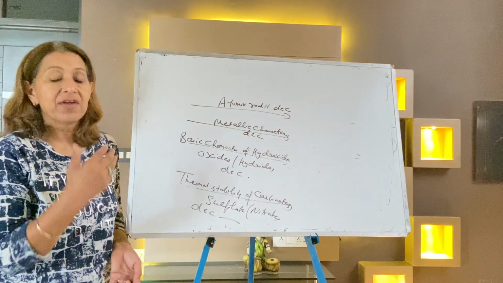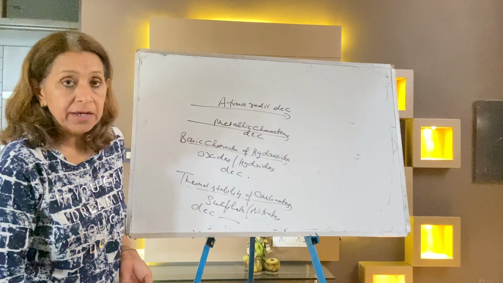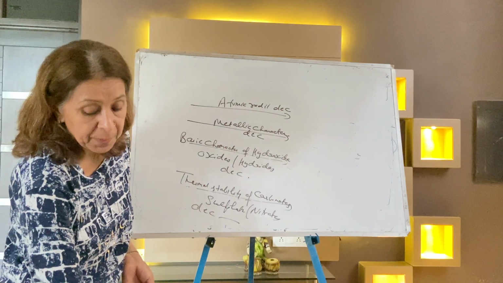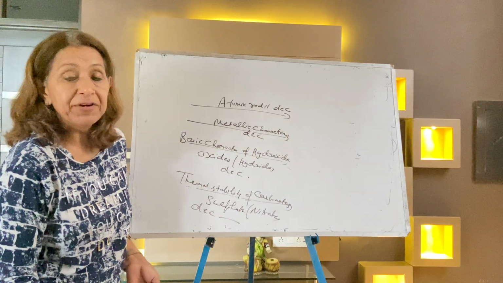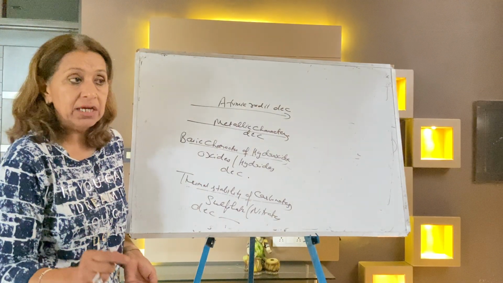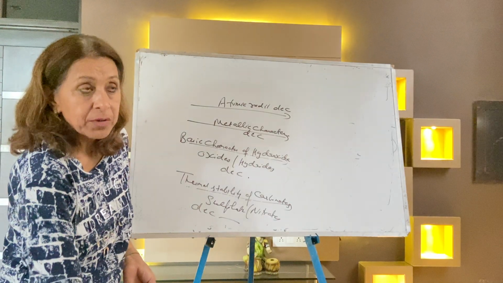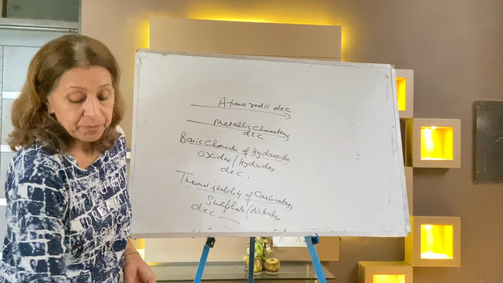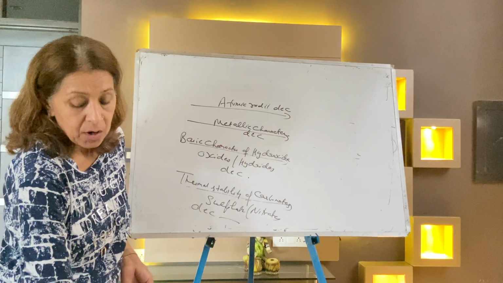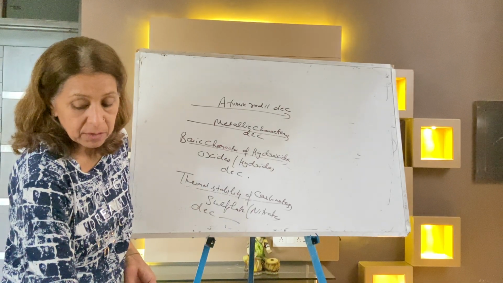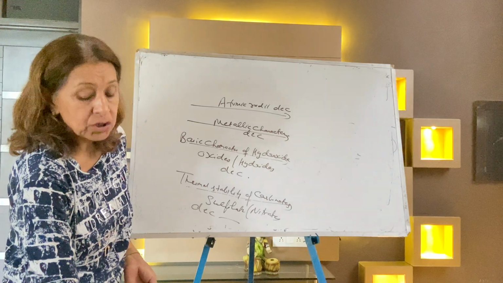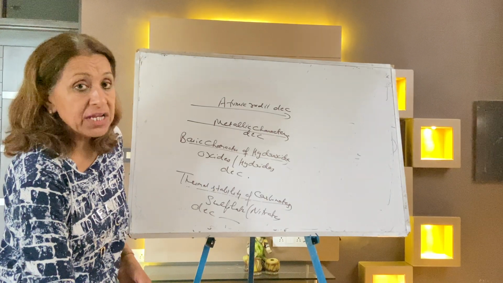Write down the rest: ionization energy, electron gain enthalpy, electronegativity, covalent character, oxidizing nature increase, but reducing nature decreases.